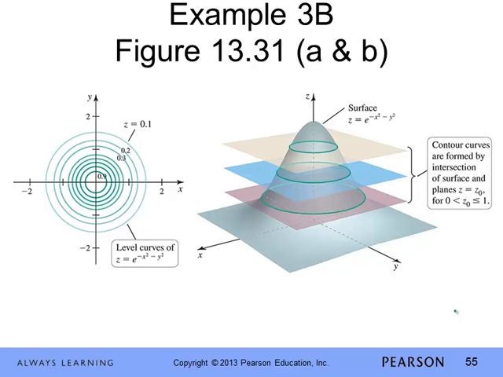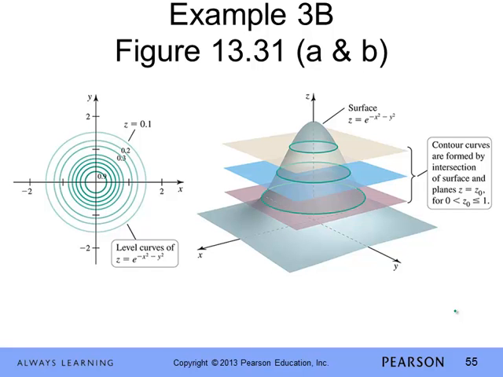Here's example 3b, where you've got z equals e to the negative x squared minus y squared. So again, set z equal to some different constant values. And of course, the result would be a family of circles.